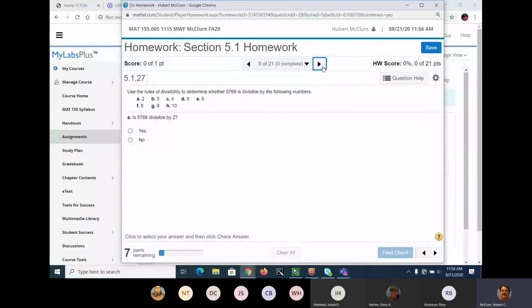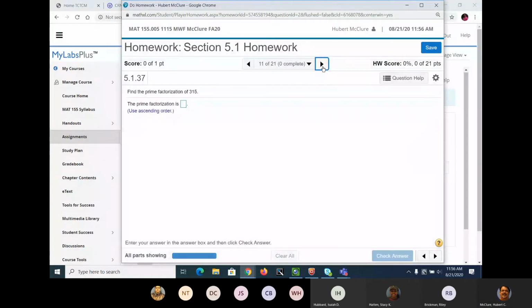Give me a second to get there. That's the feasibility rules. Okay, there's one right there. This is a test question right here. All those other questions, they just lead up. So your first test question is number 37 in the homework, or number 11 out of 21.